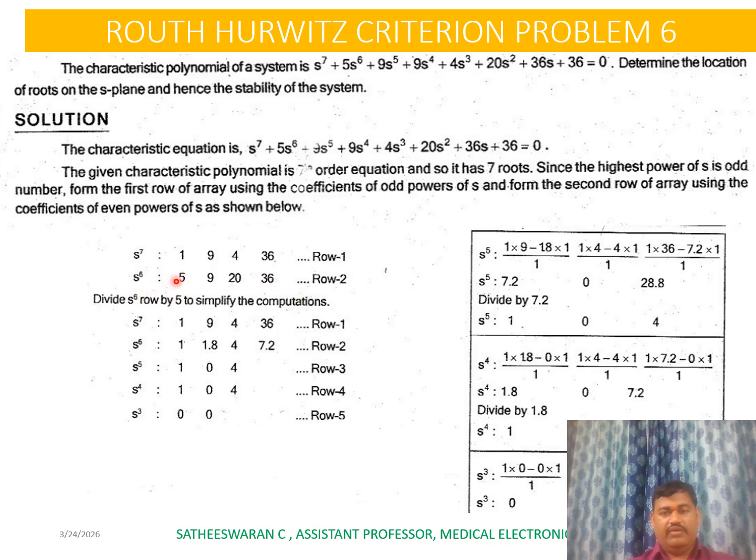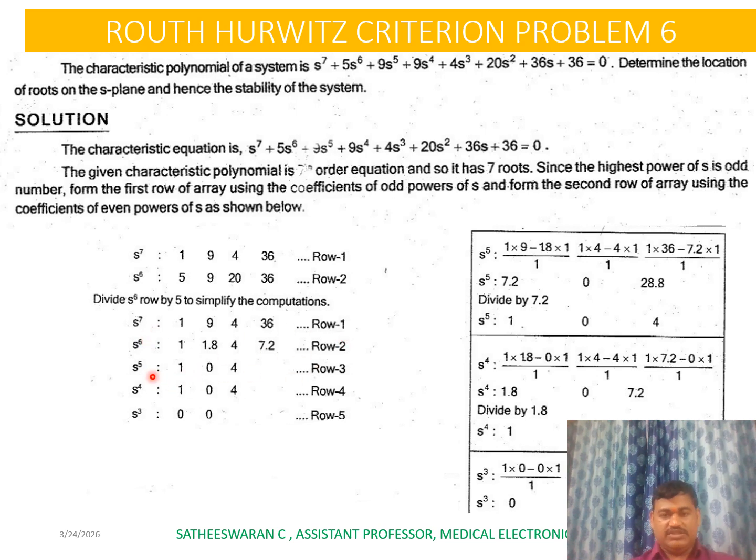Now I have to compute that. Divide the s power 6 row by 5 to simplify the computation. Divide by 5: 1 5s are 5, 1.8, and then again 4 5s are 20, 7.2. Okay, so the row can be rewritten as.